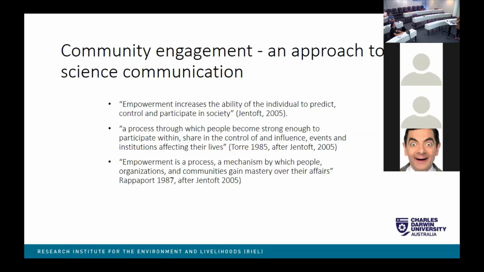And then the third useful definition is empowerment is a process, a mechanism by which people, organisations and communities gain mastery over their affairs. Yeah, so that's what I look for when I'm being communicated to by people with technical knowledge or, you know, seeking my opinion on things. Yeah.